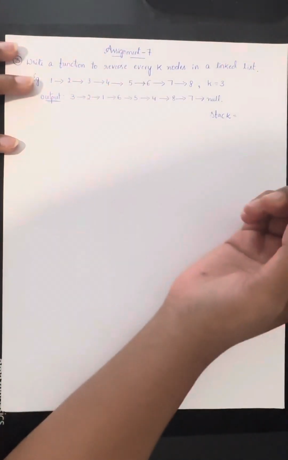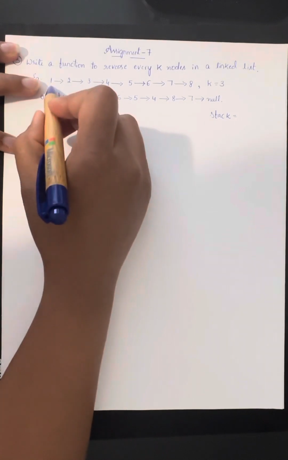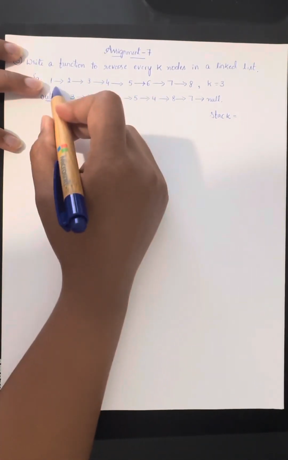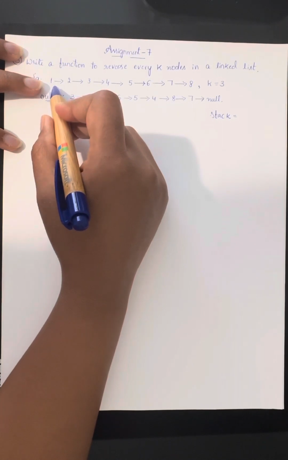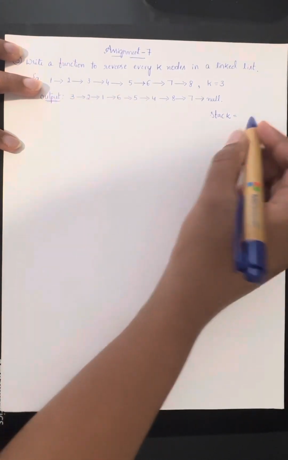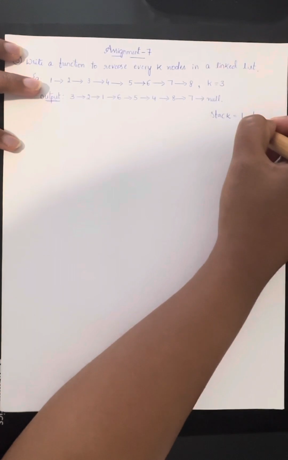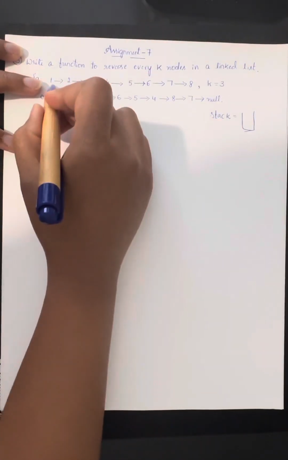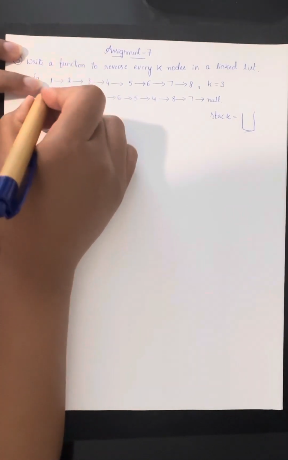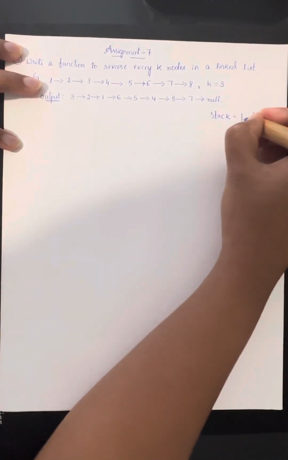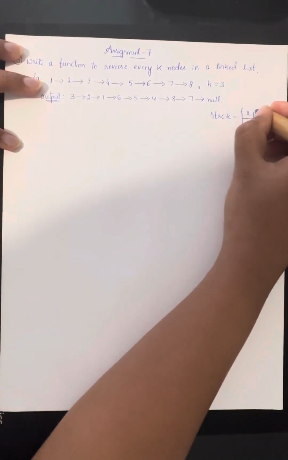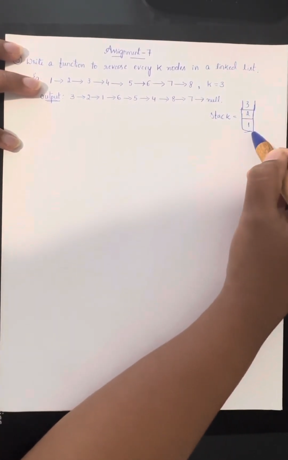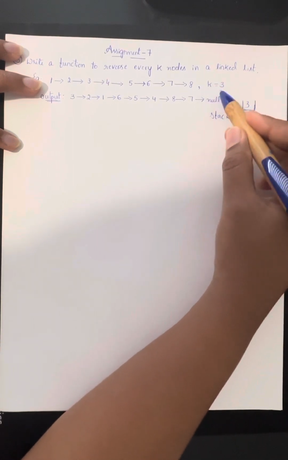I'll start iterating through this list and keep pushing each node to the stack until its length is equal to k. So first I'll push 1, and then 2, and then 3. Now the length of this stack is equal to k.